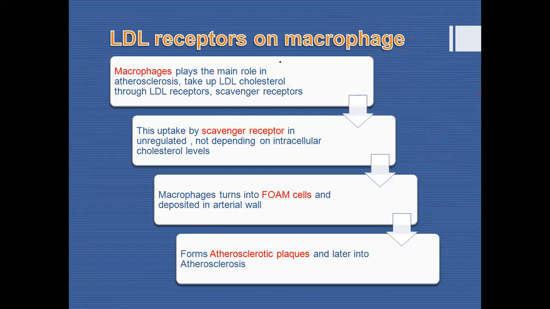The LDL receptors present on the macrophage become unregulated. They are no longer dependent on the intracellular cholesterol levels. So the macrophage turns into foam cells, and deposition into the arterial wall leads to formation of atherosclerotic plaques.